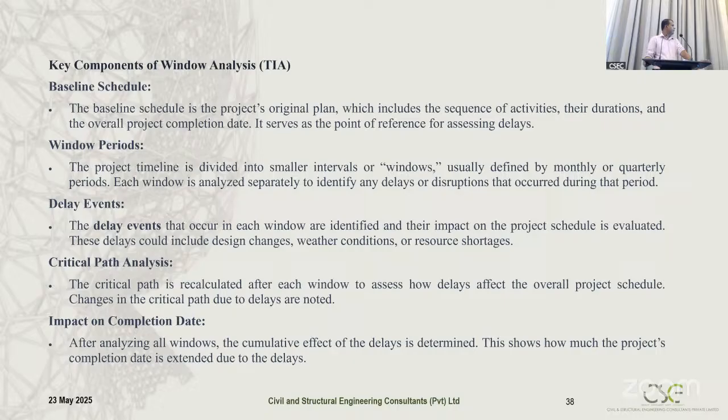In this method, the key components are the baseline schedule and the window period. We divide the project into small intervals, which we call windows. We divide it into time segments, usually monthly or quarterly periods, and we analyze the method with those periods. The delay events that occurred in each window are identified and their impact on the project schedule is evaluated, window by window.